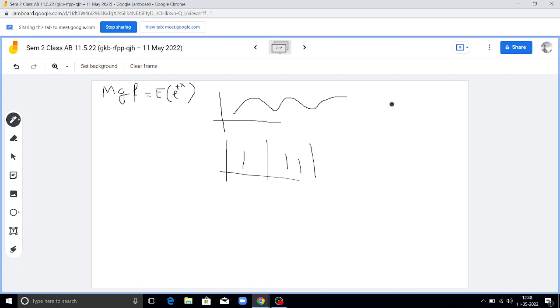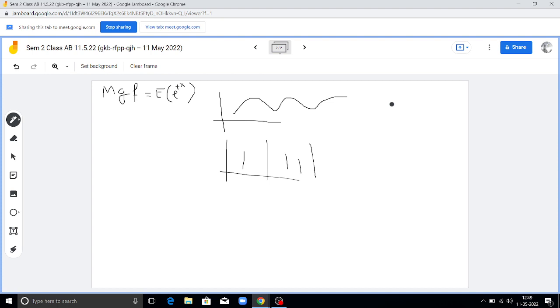Moments, in layman's terms, the first four moments are: number 1, mean; number 2, standard deviation; number 3, skewness, which tells me whether the curve is symmetric or asymmetric; and number 4, kurtosis, that is how steep the curve is.